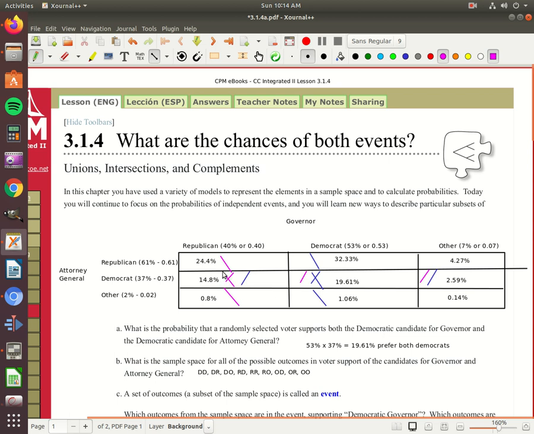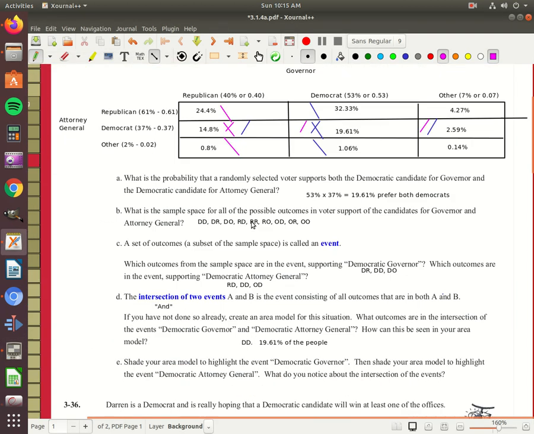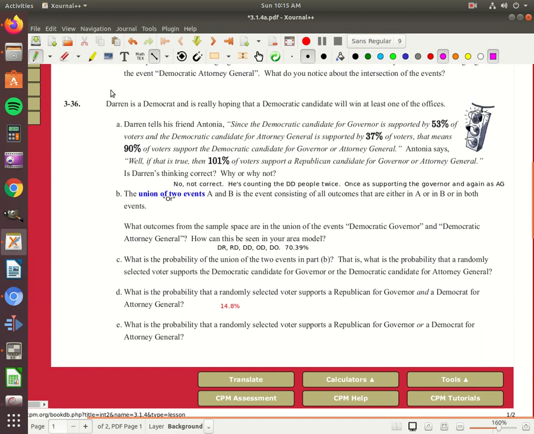And or means I'm going to add up all these people together. So I'm going to add up 24.4 plus 14.8 plus 0.8 plus 19.61 plus 2.59, and I get 62.2%. So I'll go down here and I will put in the 62.2%.